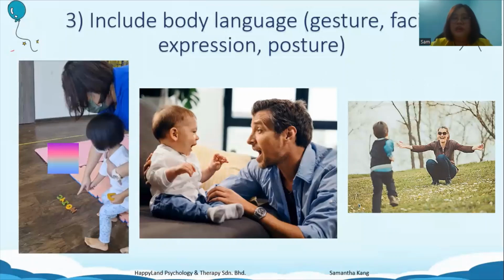But if you are overreacting and the child looks away, maybe it's a little bit too much. So you need to always observe your child's reaction and see how animated you need to be when interacting or communicating with your child.